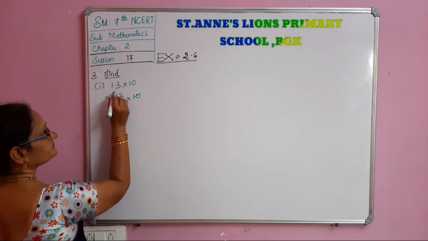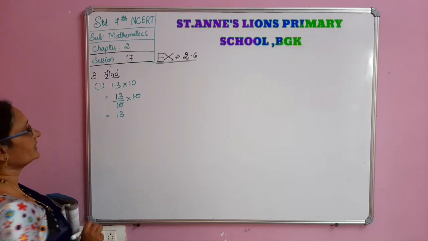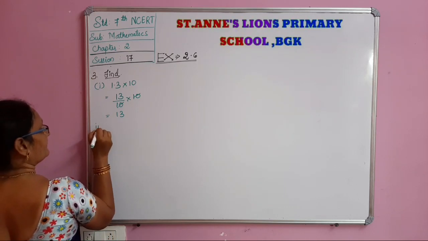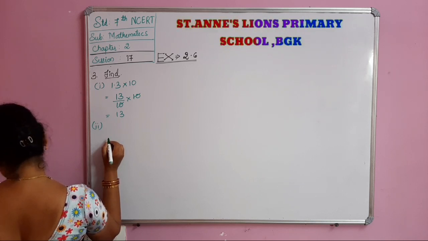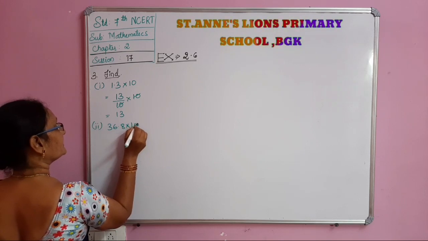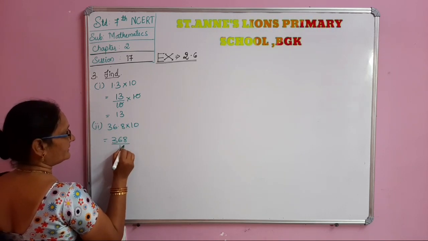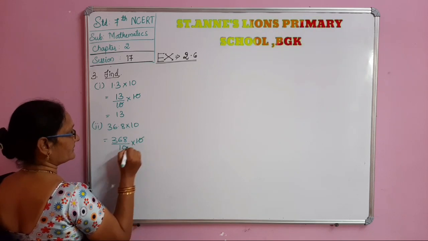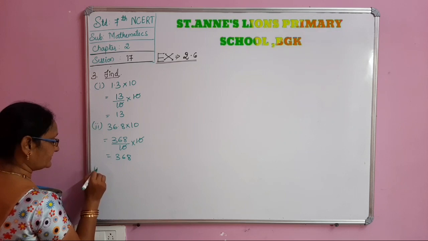The answer is 13.0 or 13. Now the second one, 36.8 into 10. See here, 368 by 10 into 10. Cancelled. Answer is 368.